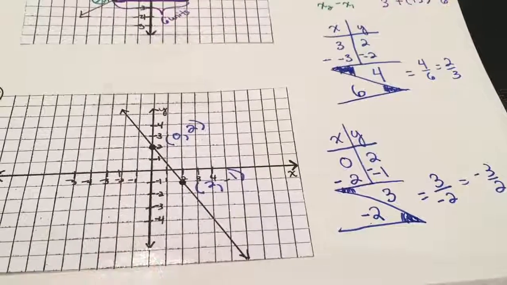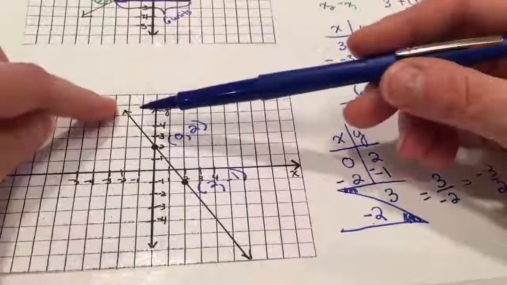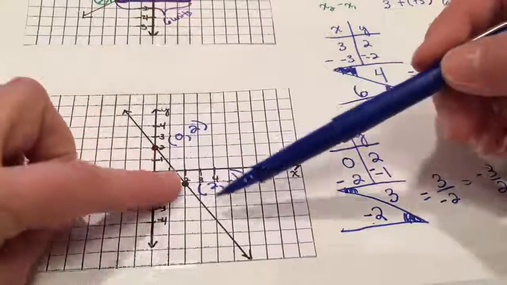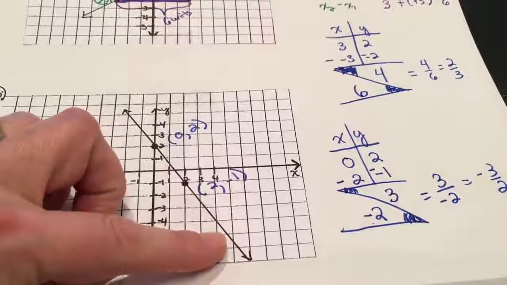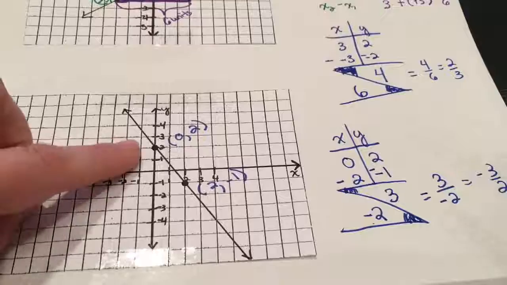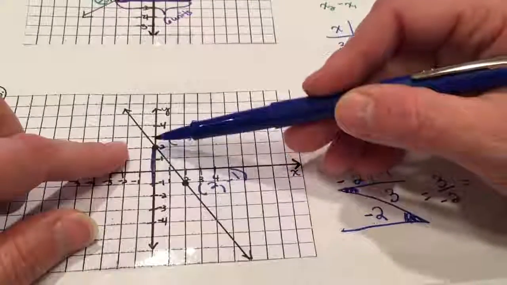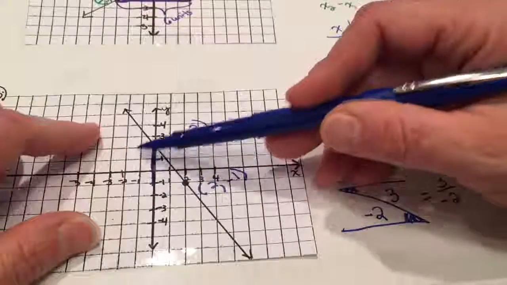So that's one way. The other way I showed you was the rise over the run. And one way is to look, my line is decreasing as I go from left to right, so my slope must be negative, right? That's why we got that negative. But this point, we would go down 3 units.